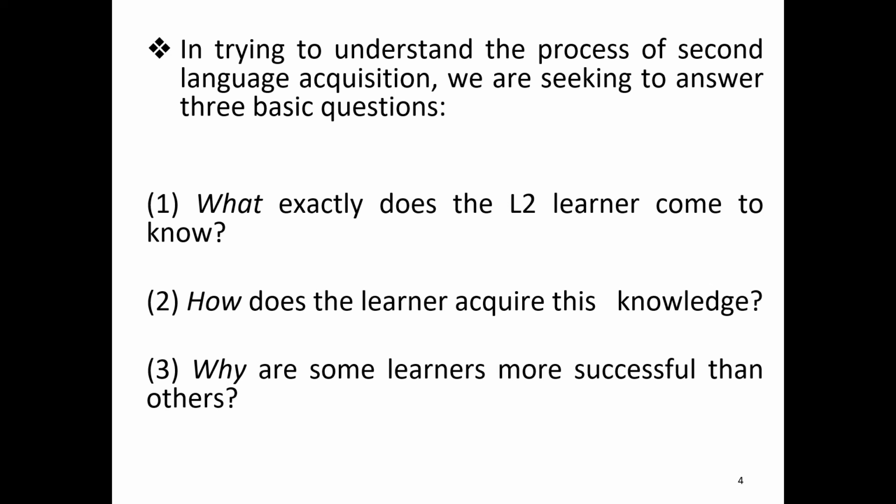But how do you need to learn that, and how do you need to learn this? Even when some know what to learn and how to learn it already, some learners are successful and some are not successful. So these are the three questions we need to answer in our chapter 12.